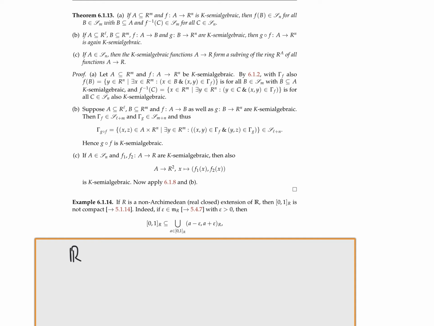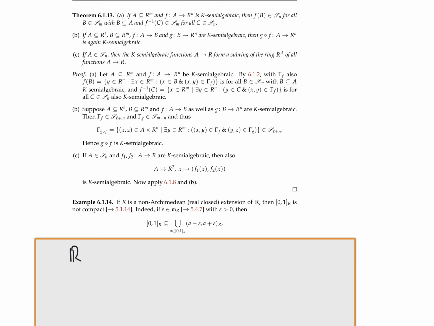Now we had defined compactness in a more topological way. We would now say that a subset of real numbers is compact. Well, the real numbers are a Hausdorff space, so the question is just if it's quasi-compact.